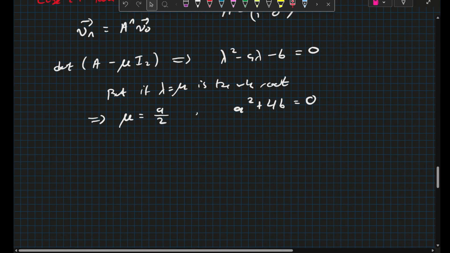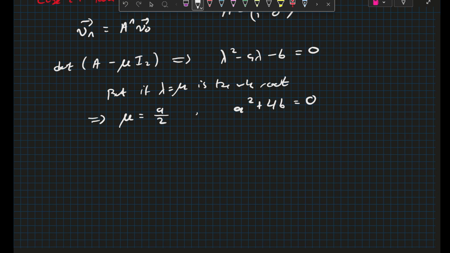So what we're going to have to do is firstly state that a general eigenvector will be in the form of mu times 1, or mu1 as a column vector. In particular, this is v1.